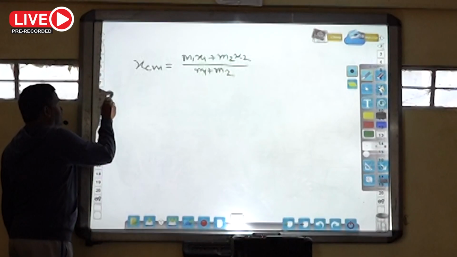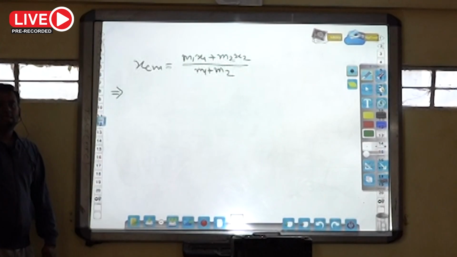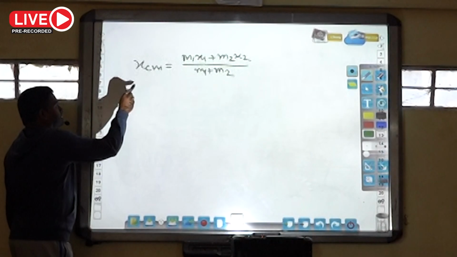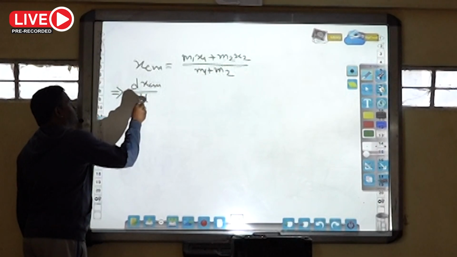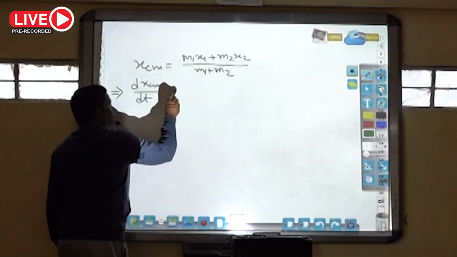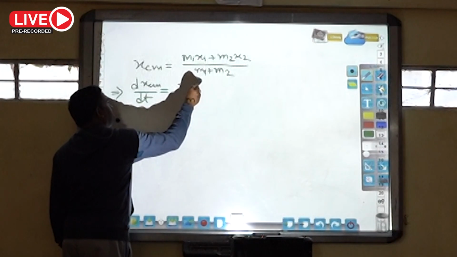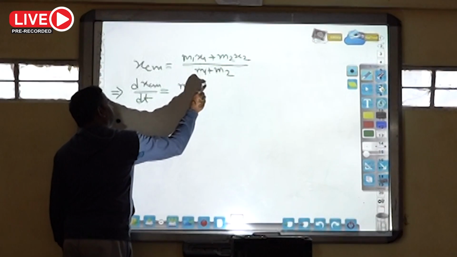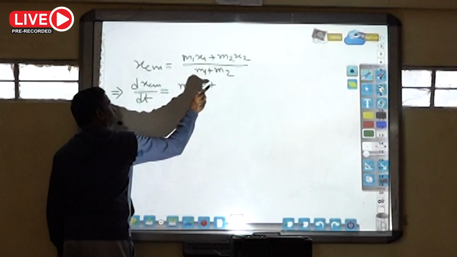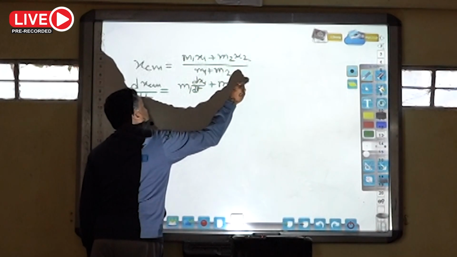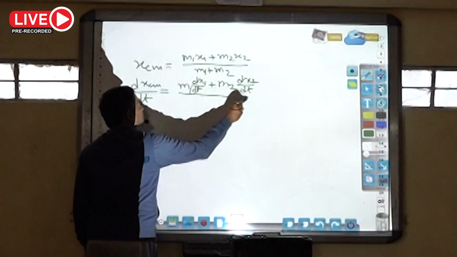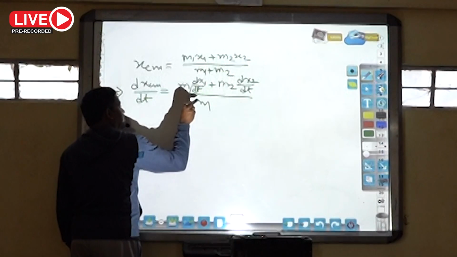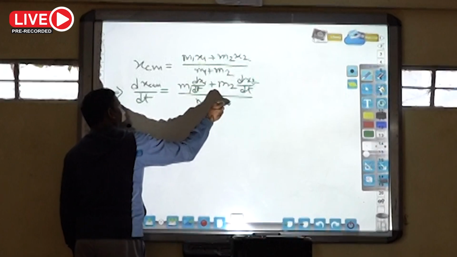Now consider here, if I differentiate both sides of this equation, we get d x_cm by dt equal to m1 dx1/dt plus m2 dx2/dt divided by m1 plus m2, right?